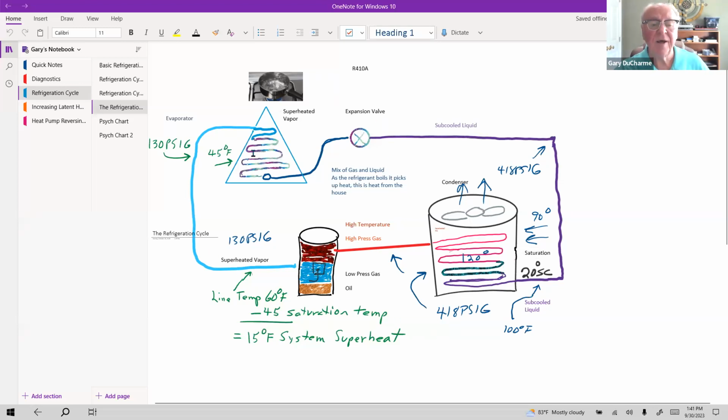On the low side, we have very cold vapor. On the high side, we have very high temperature vapor turning to liquid and dispelling our heat outdoors. We're picking up heat from the house. We're picking up heat from the compressor. We're combining that heat in the condenser and rejecting it outside.